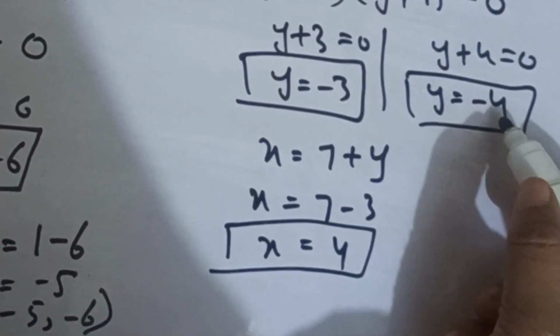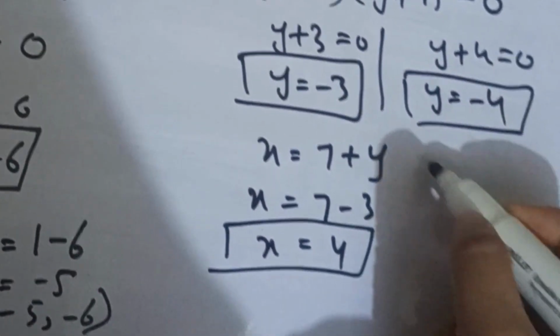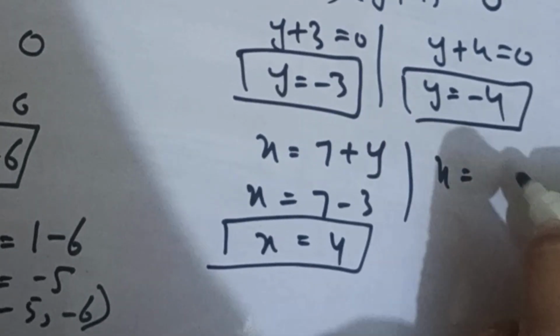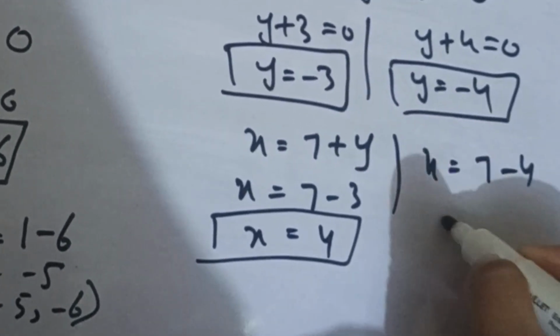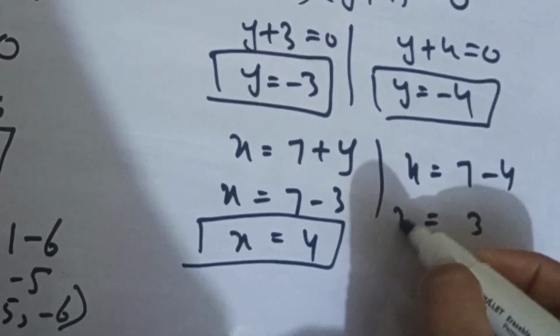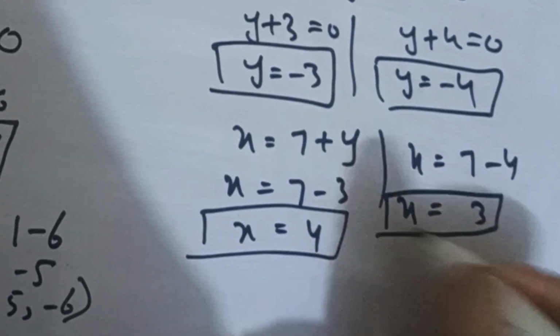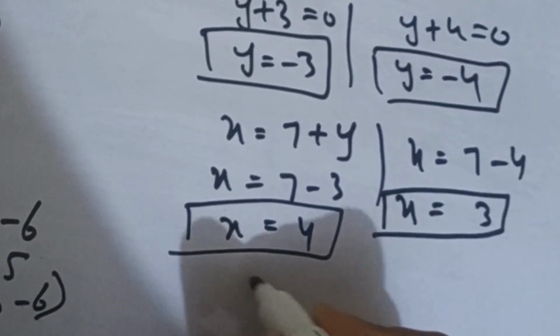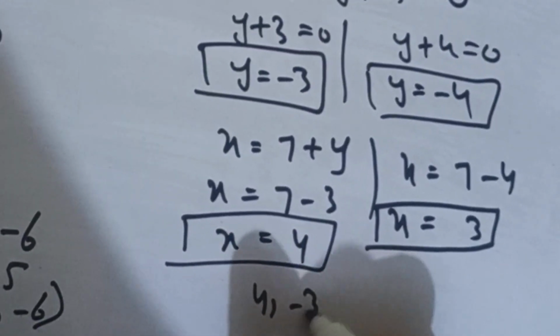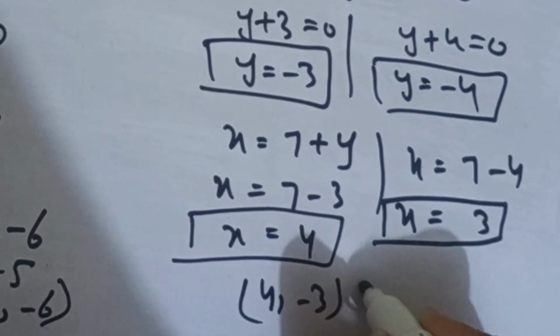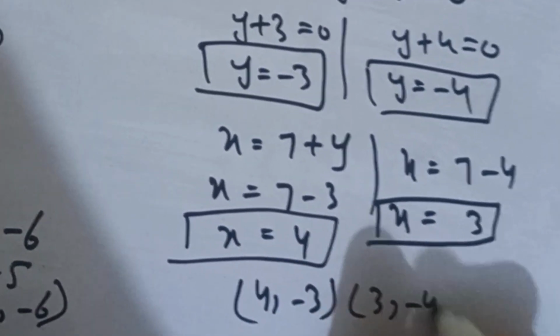And now we substitute the other value of y, which is minus 4. So we have x equals 7 minus 4, which is equal to 3. So in this case, the value of x is 3. And we write this as x is 4, then y is minus 3. And if x is 3, then y is minus 4.